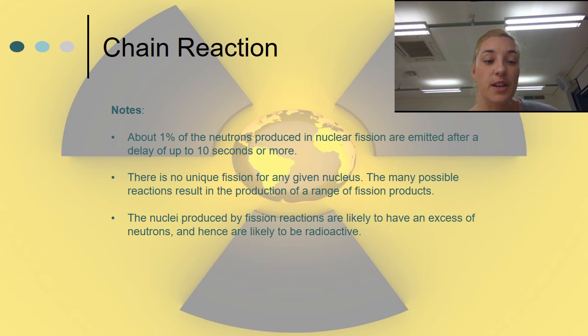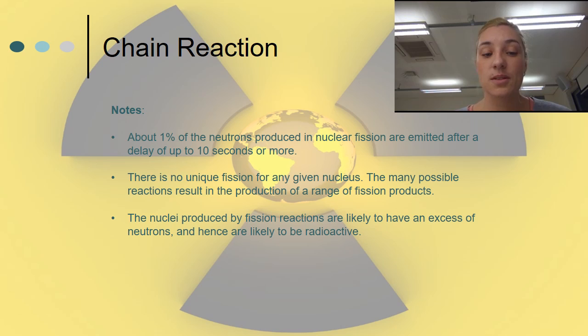Alright, so summary. About 1% of the neutrons produced in nuclear fission are emitted after a delay of 10 seconds or more. So they're emitted a little bit later. There's no unique fission for any given nucleus. There are many different possible reactions that could result in the production of a huge range of different fission products and isotopes.